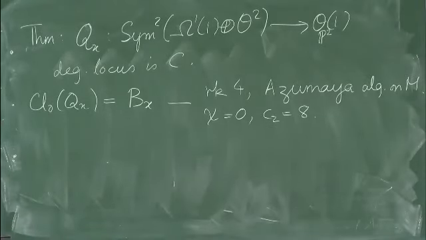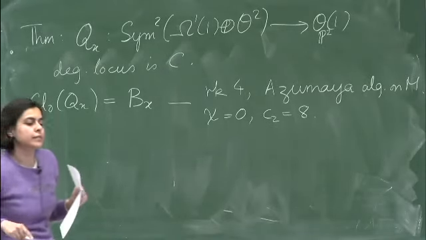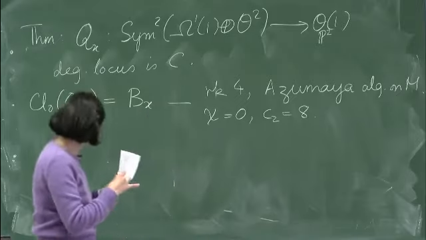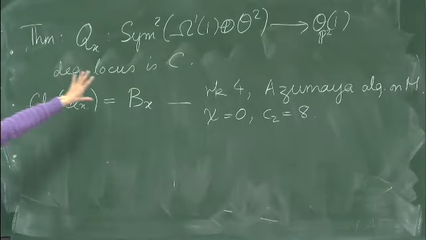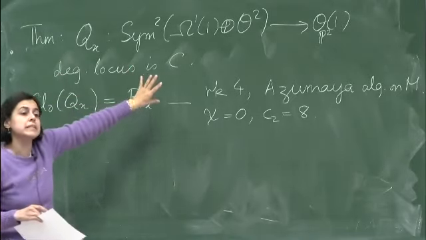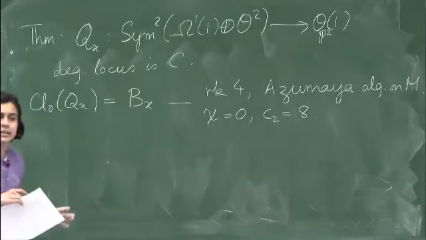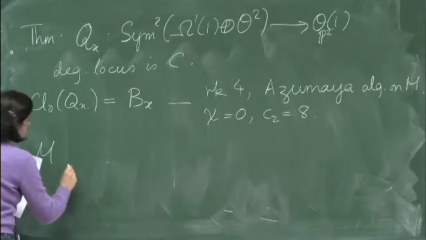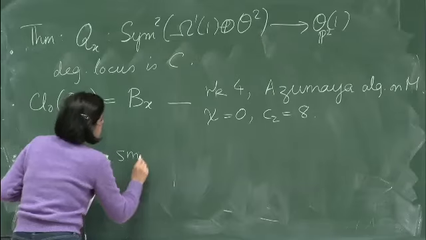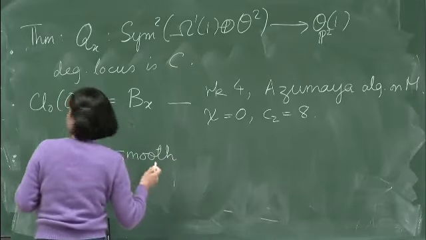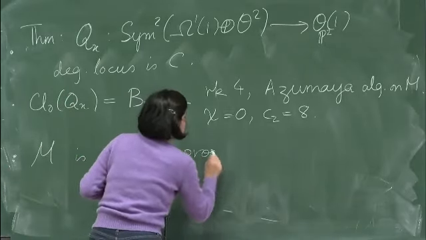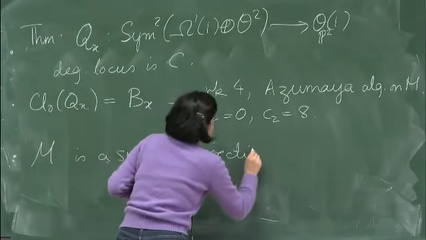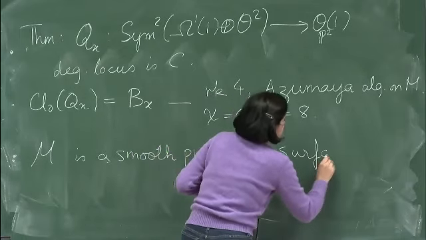So we adapt some results of Artin and Lieblich to show that the moduli space of Azumaya algebras Morita equivalent to B sub x, with the same underlying gerbe, is a smooth projective surface. So it's a slightly technical result, and I don't have time to go into it, but I'm happy to answer any questions you have.